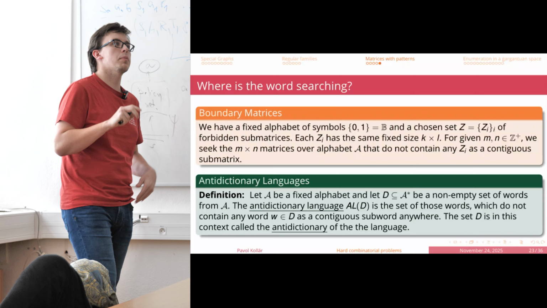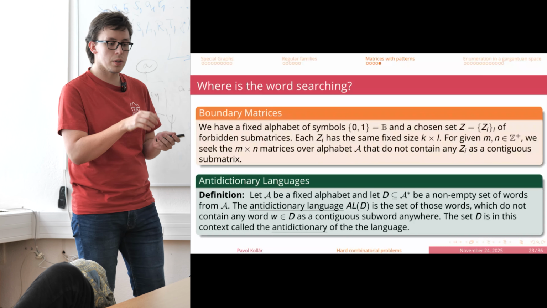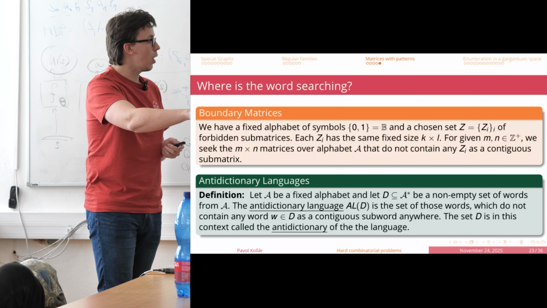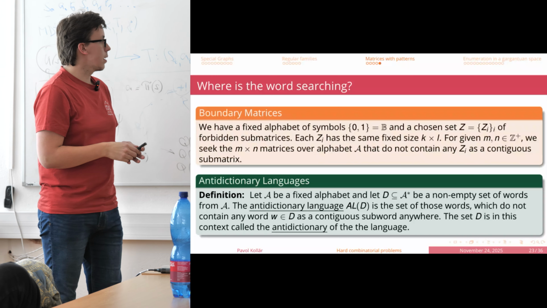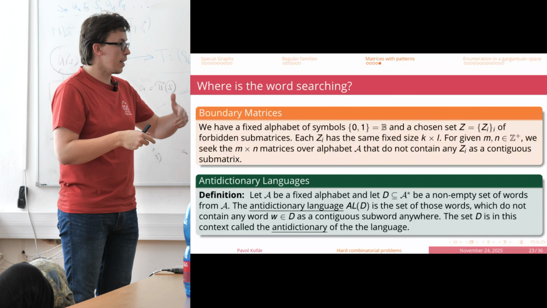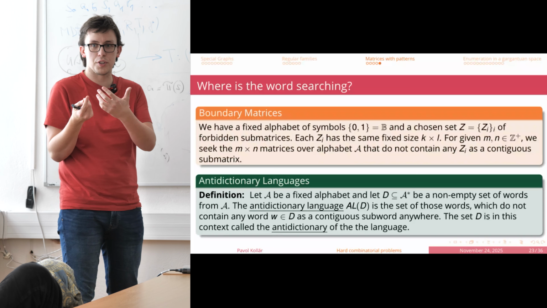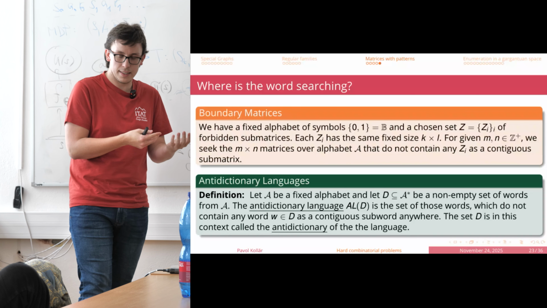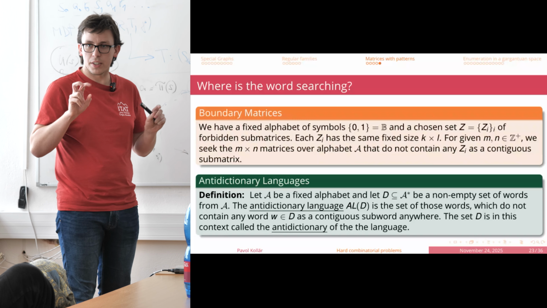Well, it depends on what you mean by dictionary language, because the anti-dictionary language has all the words that do not contain anything that's in the forbidden set. Whereas the complement of that would be words that contain at least one of those words somewhere in itself. So if that's your definition of the dictionary problem, then yes, it is. But I'm not sure what the proper dictionary problem is.